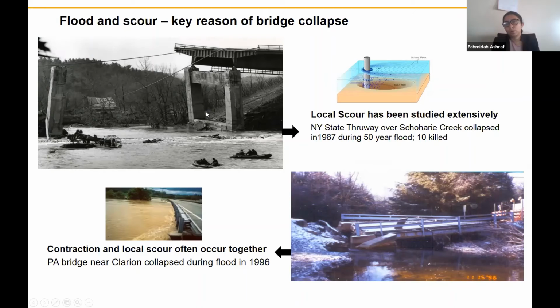So here we saw the two most, mainly the first one, where the NY State Thruway over Schoharie Creek collapsed in 1987. Especially after this collapse event, all the hydraulic design manuals were modified, and they were all modified based on the local condition.